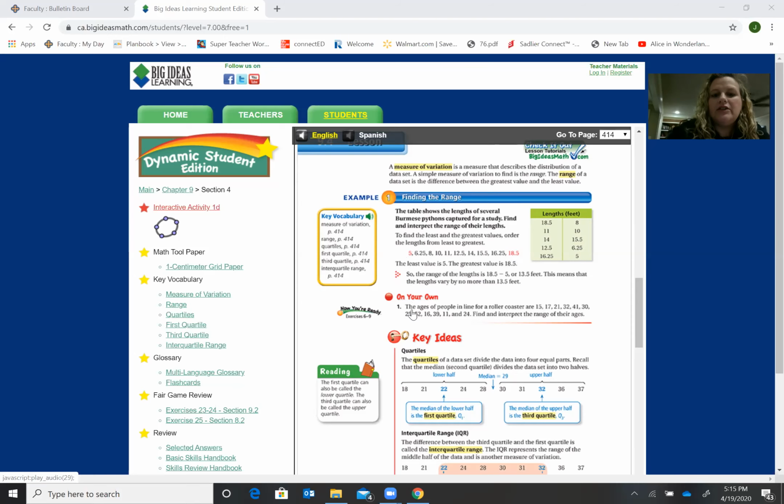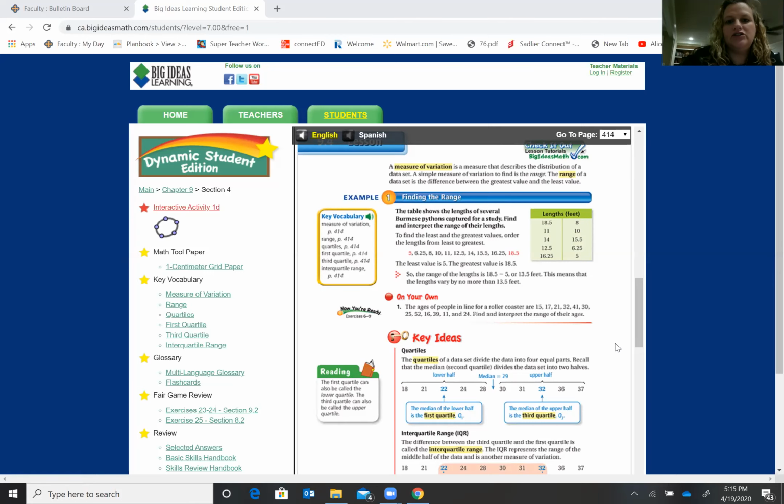So this information ranges from 5 to 18.5. Okay, the age of people in line for a roller coaster. Okay, let's go back, see if I can figure out how to go back to the whiteboard. Check it out. Okay.